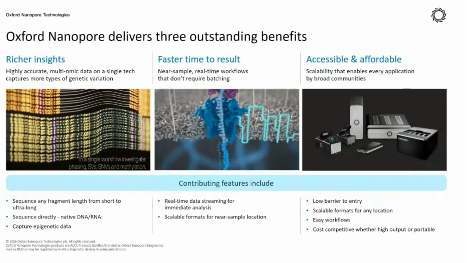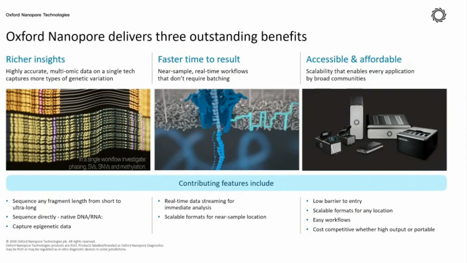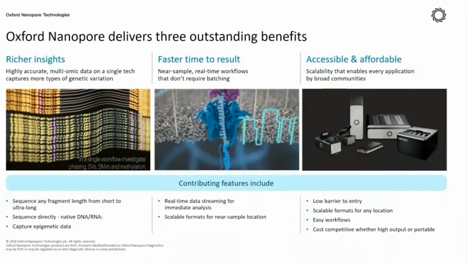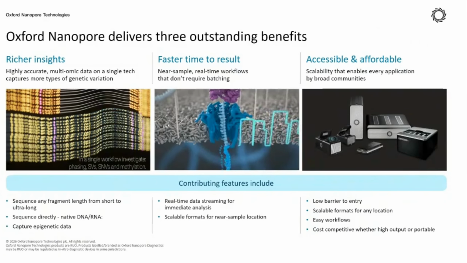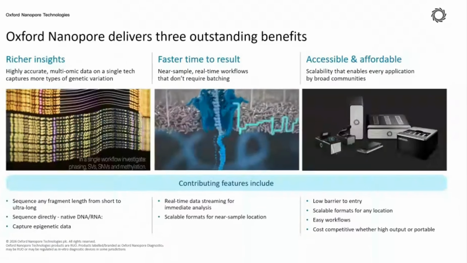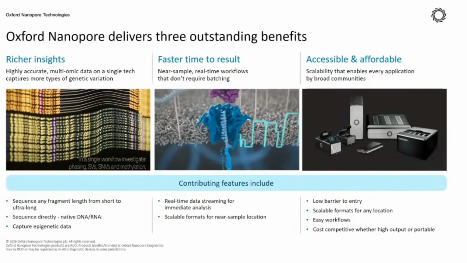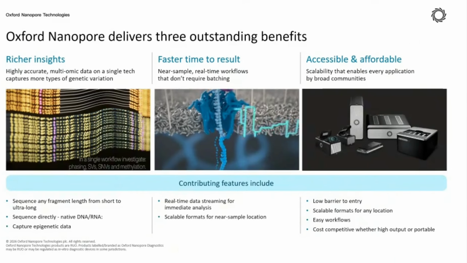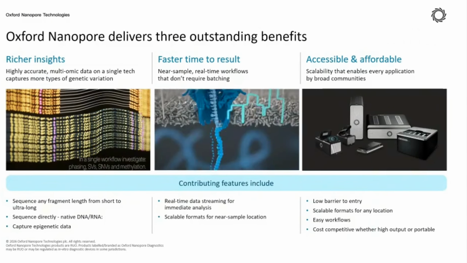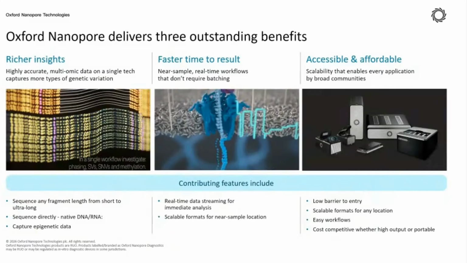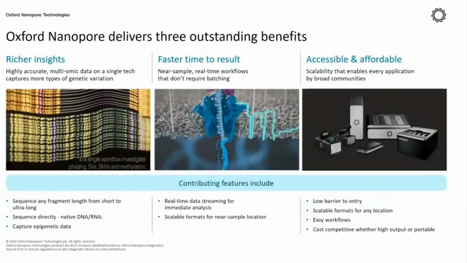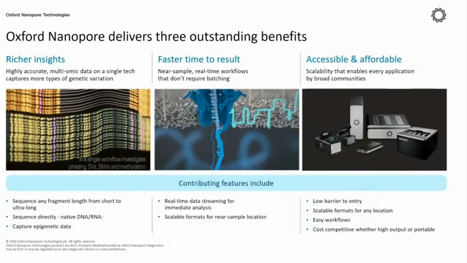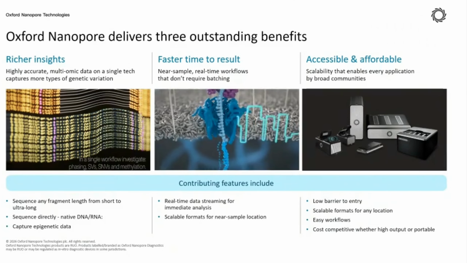Real-time DNA sequencing means we are able to get the data out and run the analysis while the sequencing is still ongoing. Unlike other sequencing technologies, where we normally put our samples into the sequencing device and then need to wait until the sequencing process is done before we can get the data out for analysis.